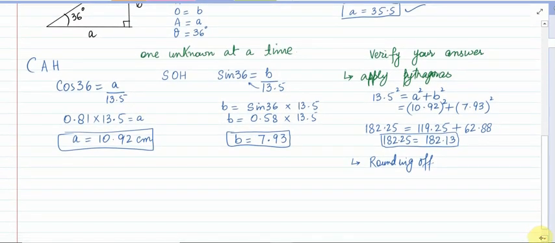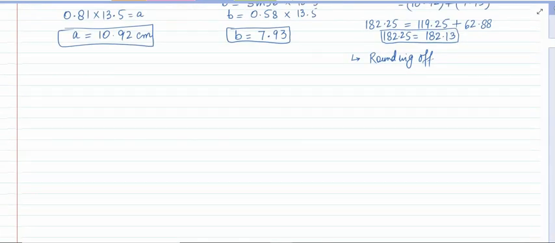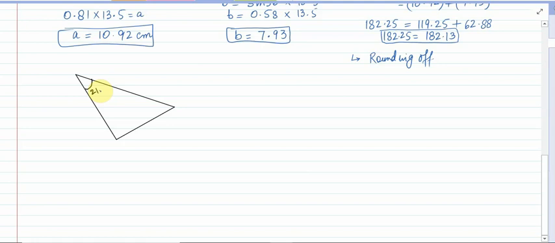Now moving on to the next questions. I hope that this one is clear to you, and now you know how to check your answer. So one more example. Now in this question, the angle we know is 21.5, that is G, its H, and the length is 8.9, and that is our right angle triangle.